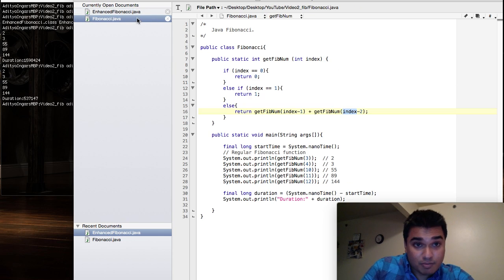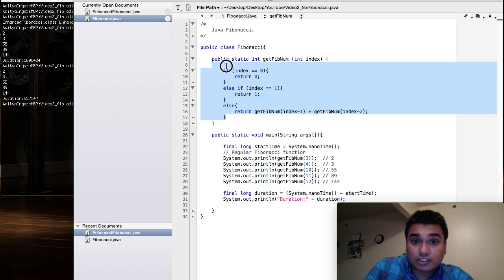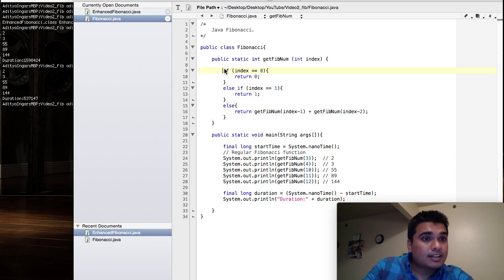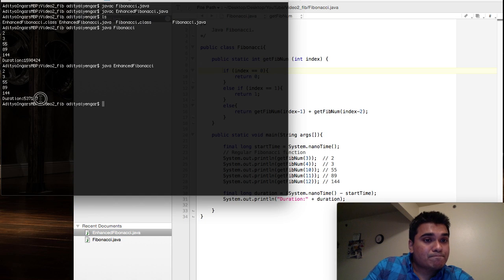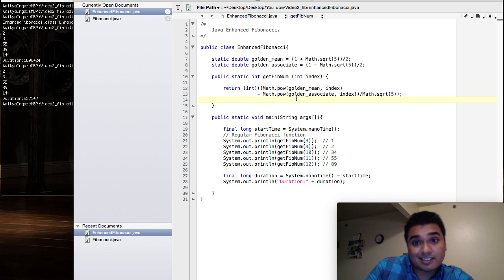So I'm assuming power is a lot faster than this function. That's the only reason why it is. But in terms of big O, these two functions should not have a huge difference as you increase the number of terms. But clearly, if they had to pick one, yeah, the enhanced Fibonacci is indeed enhanced.